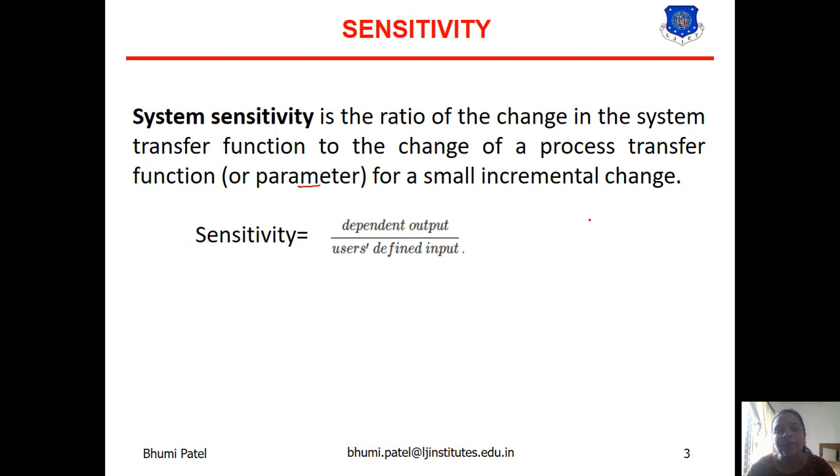In the open loop system or the closed loop system, we compulsorily have one input signal and one output signal. So sensitivity depends on the system transfer function for the dependent output upon the user-defined input.